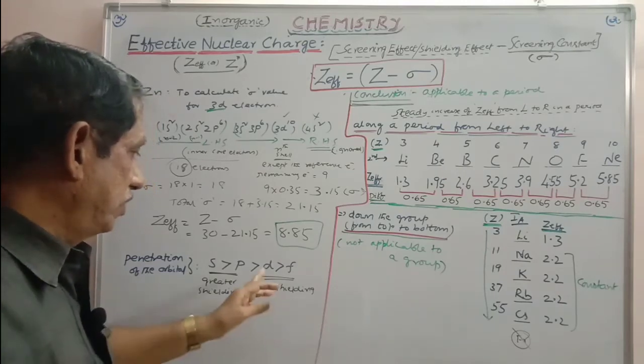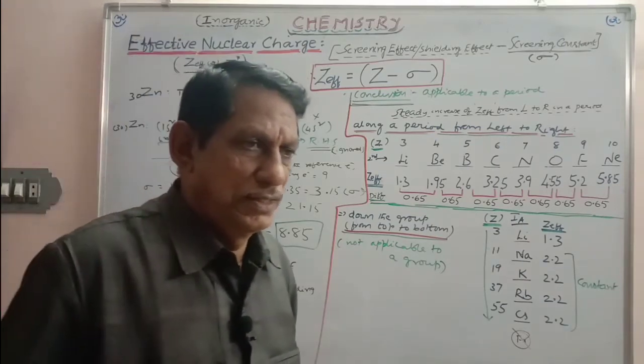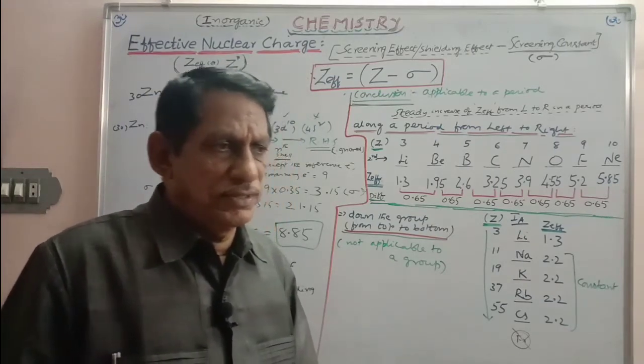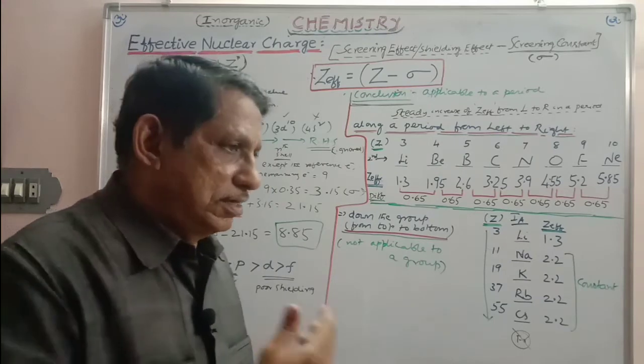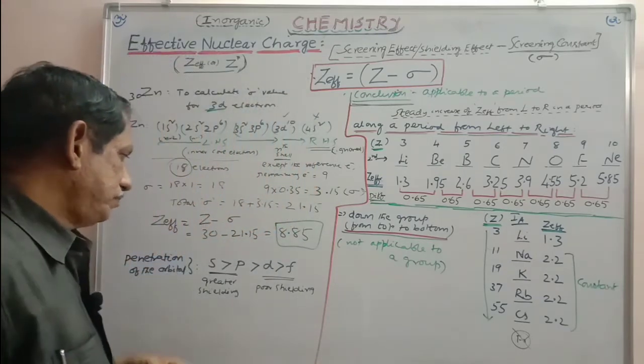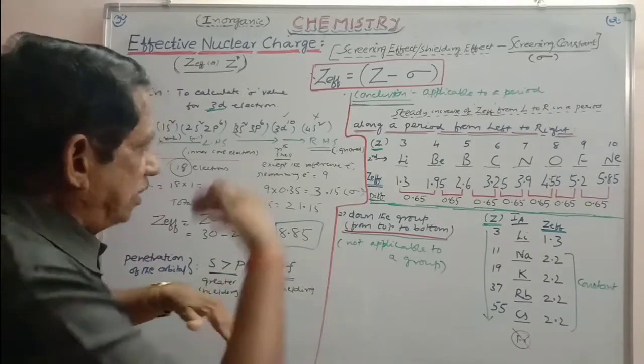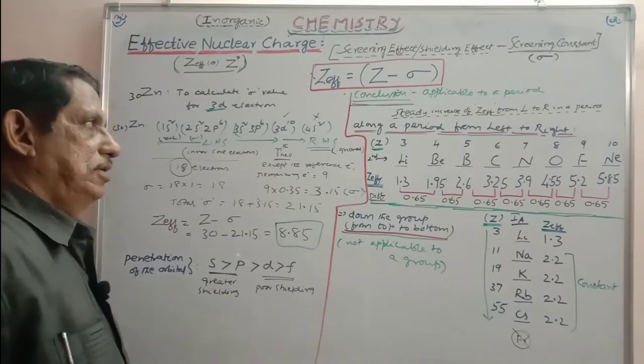In the case of D and F, they will have poor shielding power. Based on this also, sometimes you have to get the result if there is any deviation. So that is about penetration. This point can also be added to the calculation of the sigma value.